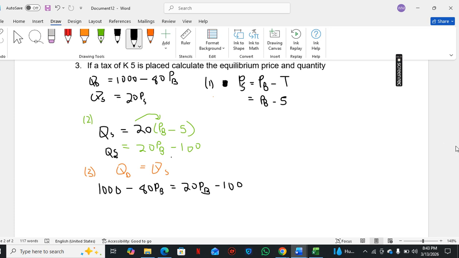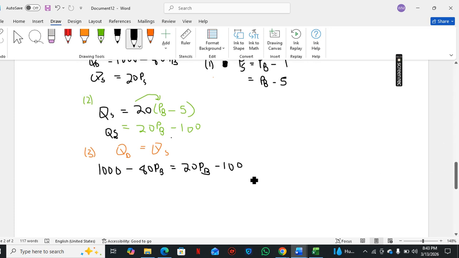So are we all getting 11? No, sir. Take the negative 80 PB over to the right, and the negative 100 over to the left.